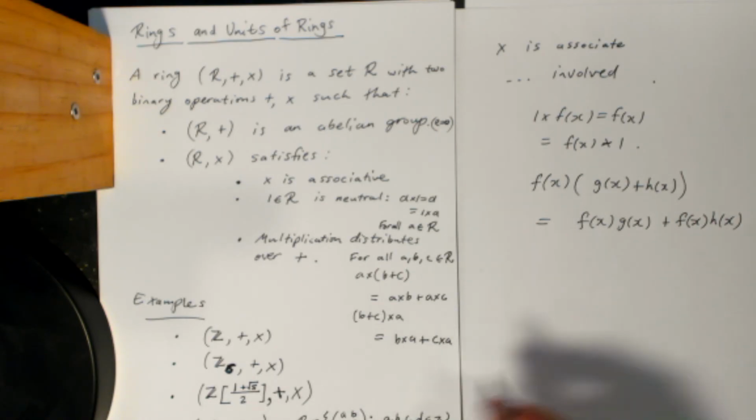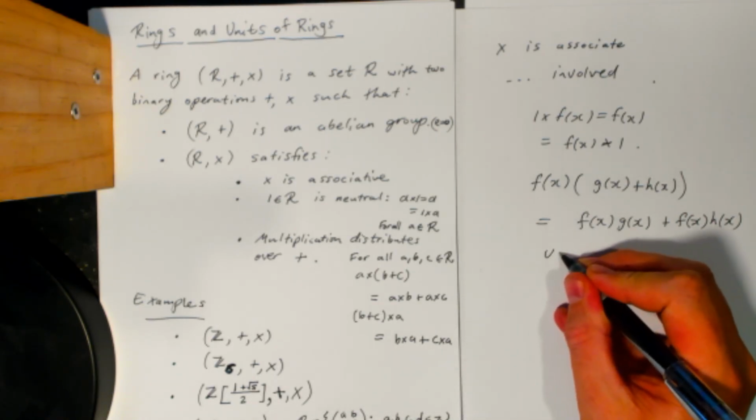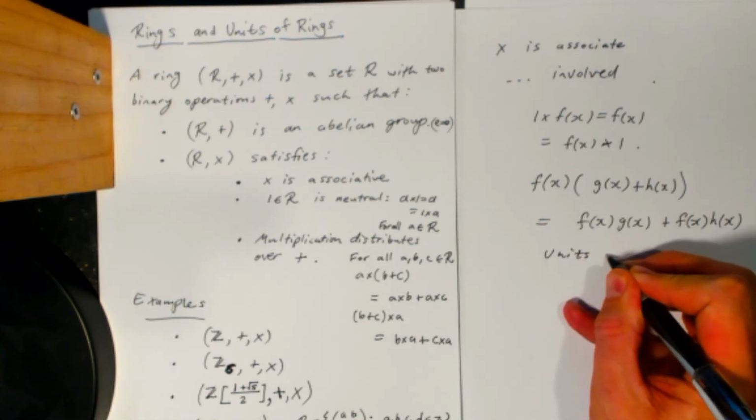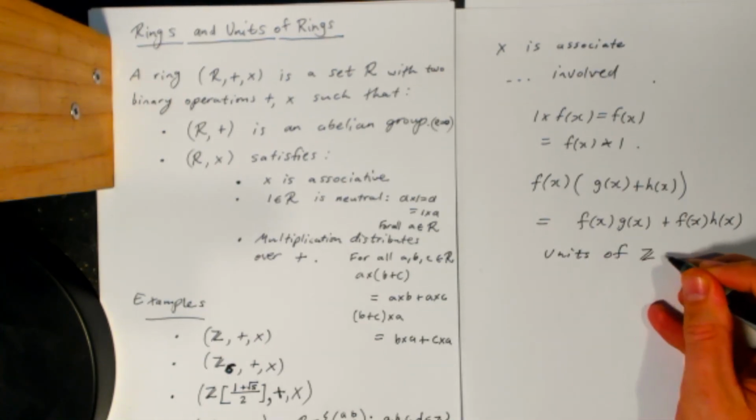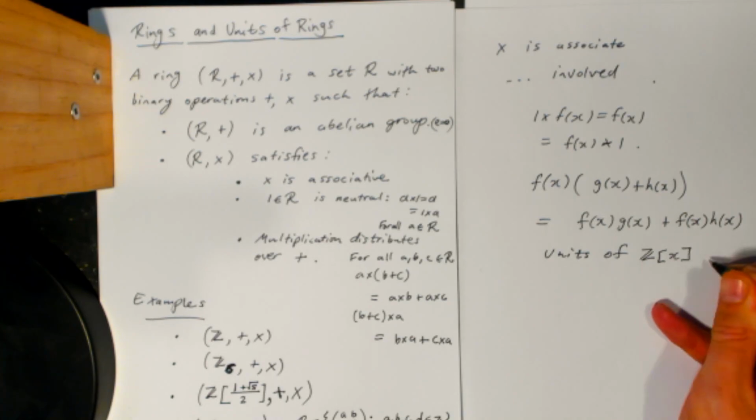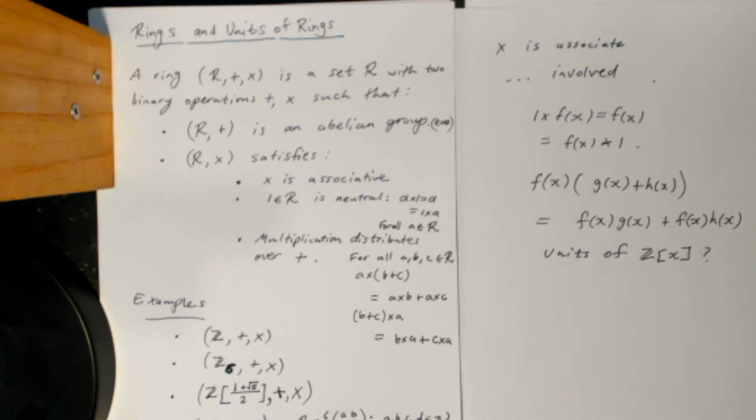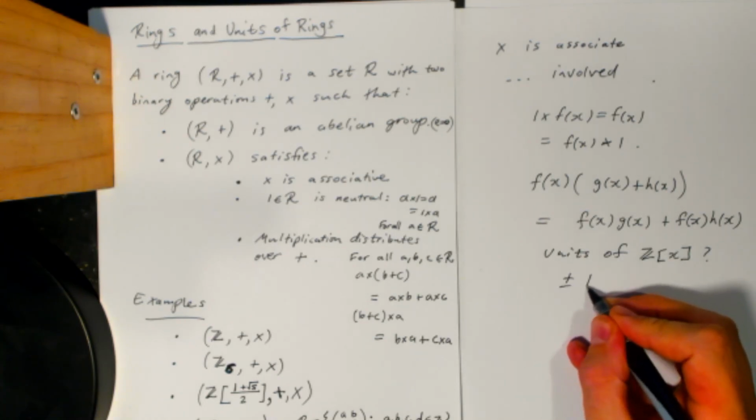And so the next question is, what are the units of this polynomial ring? Well, it could only be just plus or minus 1.